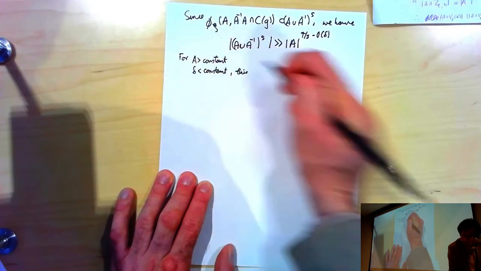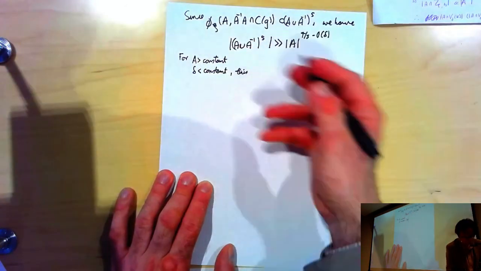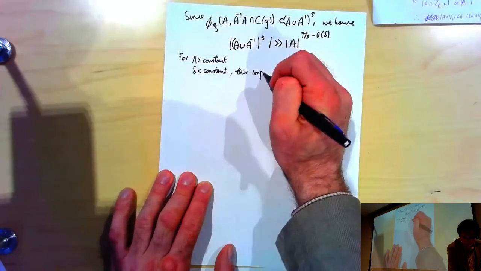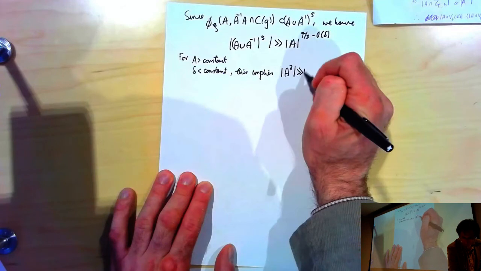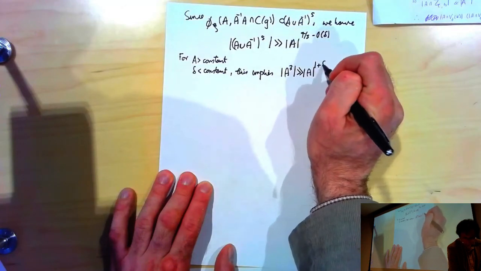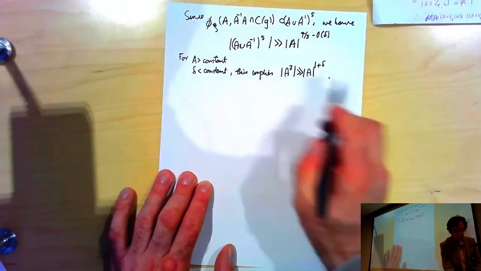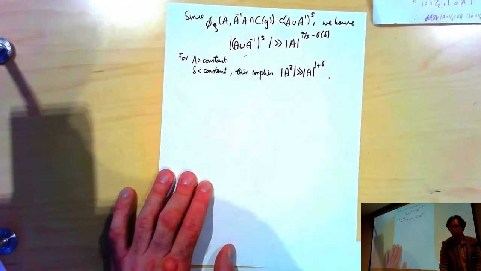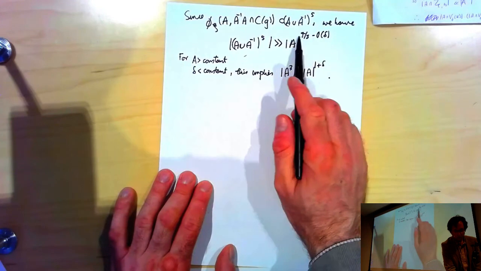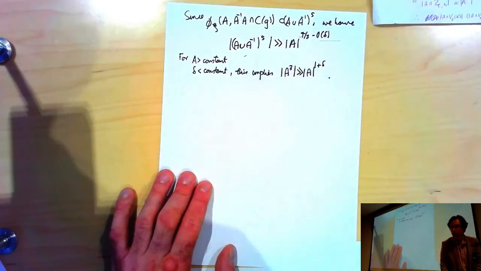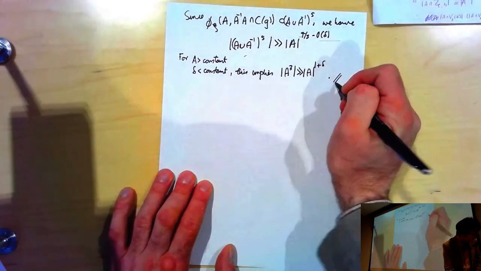This would contradict, well, this actually implies A cubed, A to the 1 plus delta. No, simply because even if we had proven it for A to a million, this would imply that A cubed is also big. You just divide this by, well, 5 in this case. So you're fine.